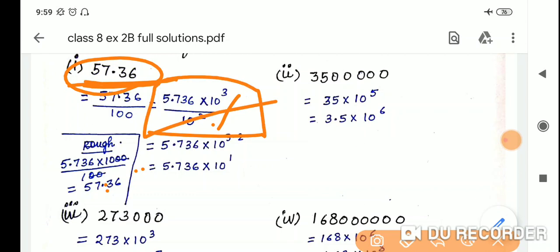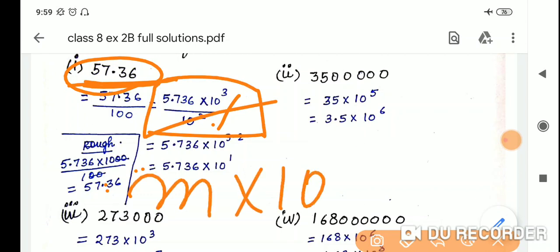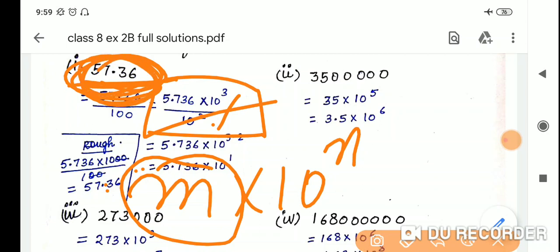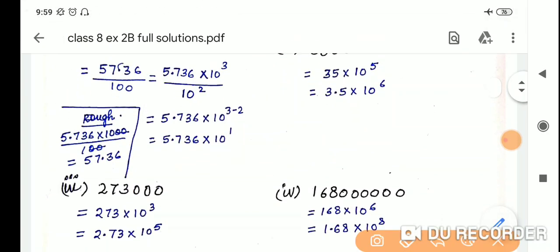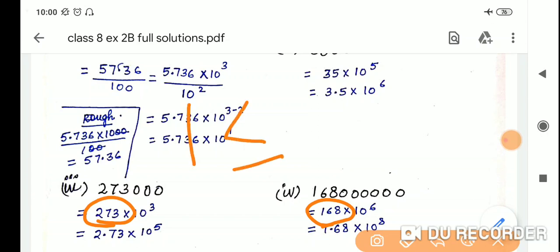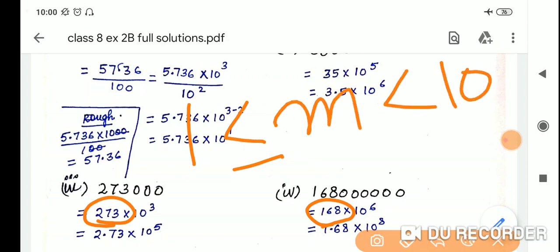A number written as m into 10 raised to the power n is said to be in standard form if m is a decimal number such that 1 is less than or equal to m and m is less than 10.